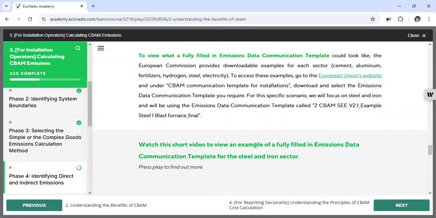To access these examples, go to the European Union's website and under CBAM Communication Template for Installations, download and select the emissions data communication template you require.